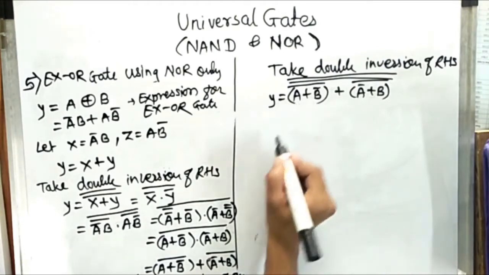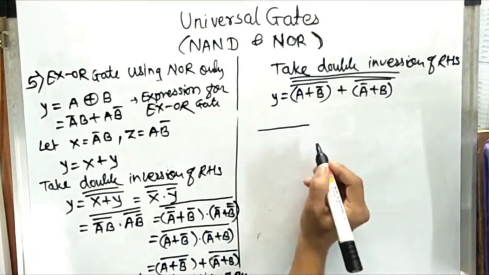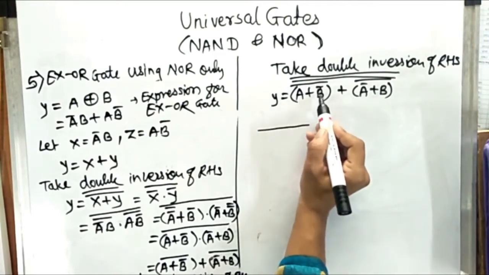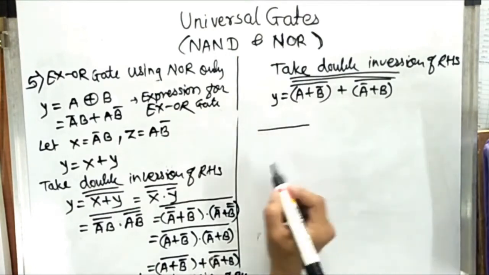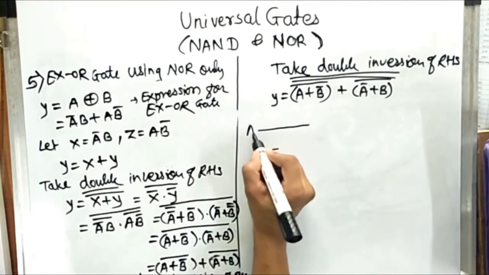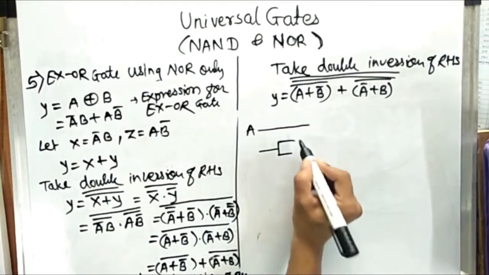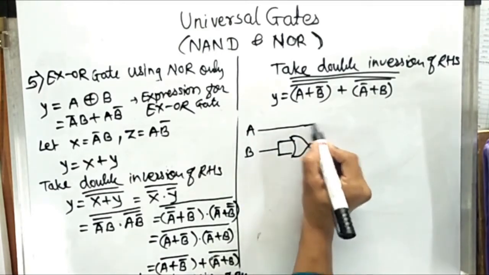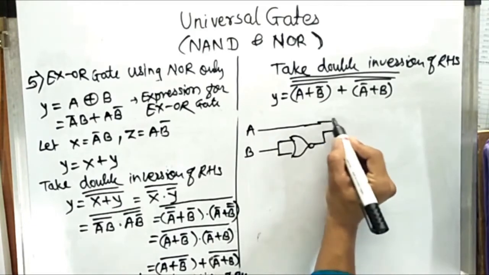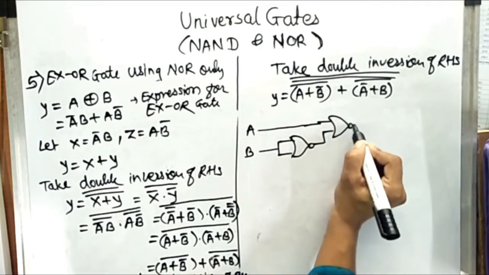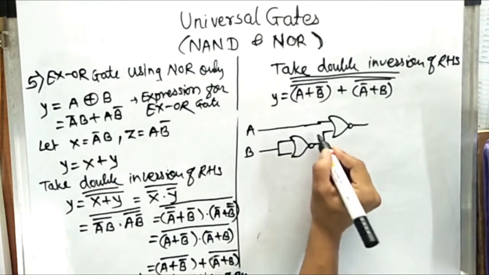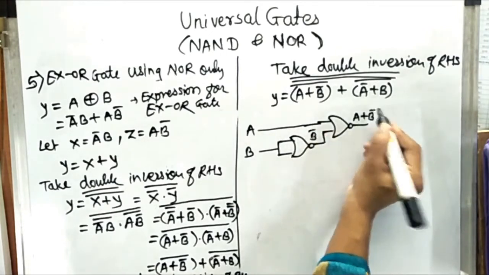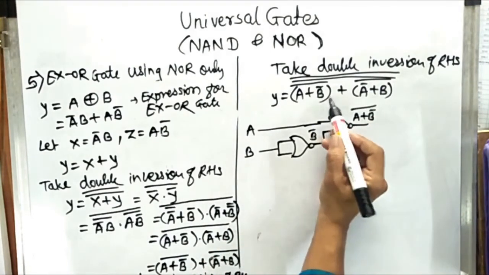So here input A, we have to perform the NOR operation between the input A and a complemented input B. So here A and here we get the complemented input B and we have to apply NOR gate. So we get at the output A plus B complement. So here we get the first term.